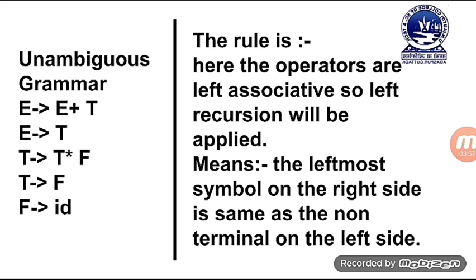We have to follow this rule to convert ambiguous grammar to unambiguous, and it is just the opposite in the case of operators which follow the right associativity rule. In that case, right recursion is used.